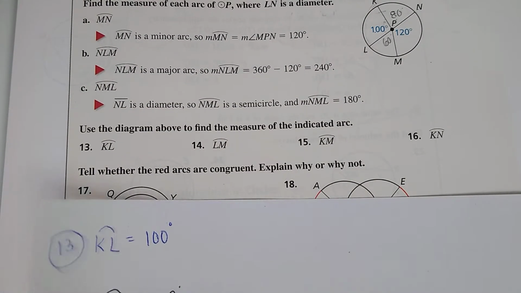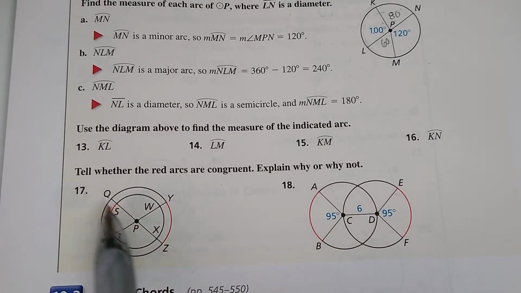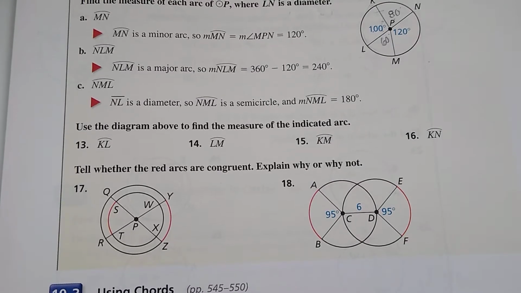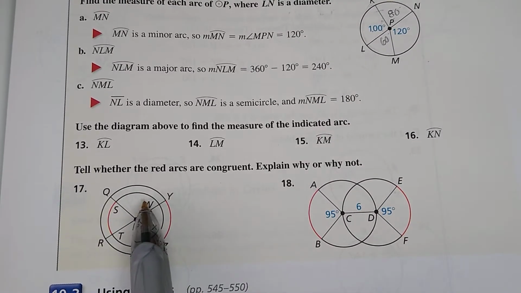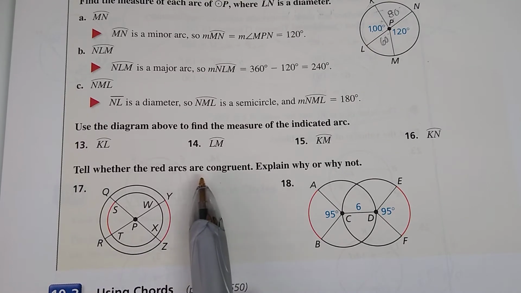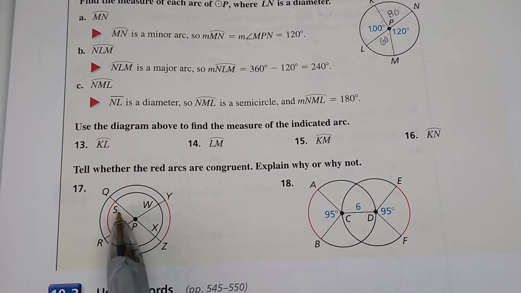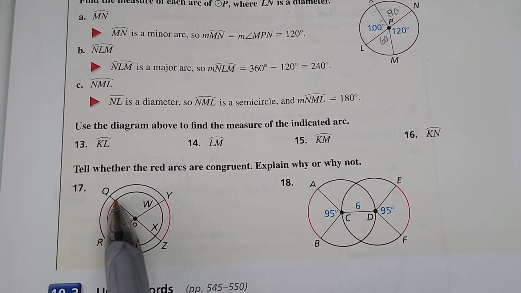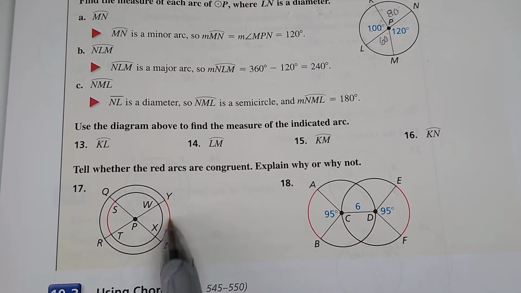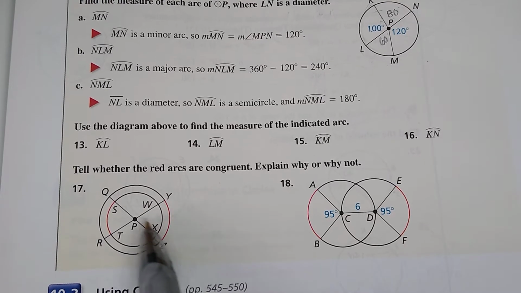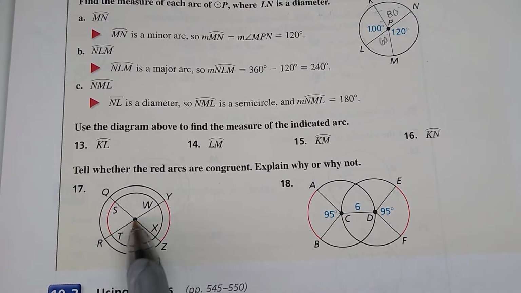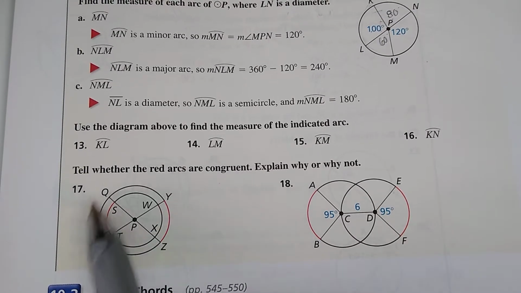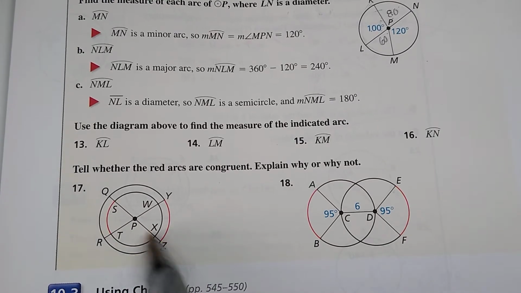All right. And now let's move on to 17. Tell whether the red arcs are congruent, and explain why or why not. So remember for this portion, in order for these arcs to be congruent, they need to have a congruent radius. I have this one here and this larger arc. Just looking at them, I know that their radii are different. In this case, PT is the radius in this inner circle, and for the larger circle, PZ is the radius.